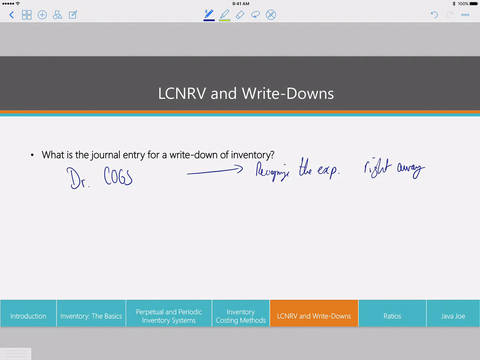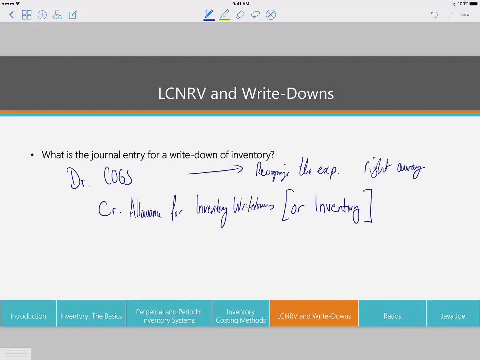I'm going to get to the numbers after. We're just going to focus on the journal entry for now. And you would credit allowance for inventory write-downs, or you could alternatively credit inventory directly.